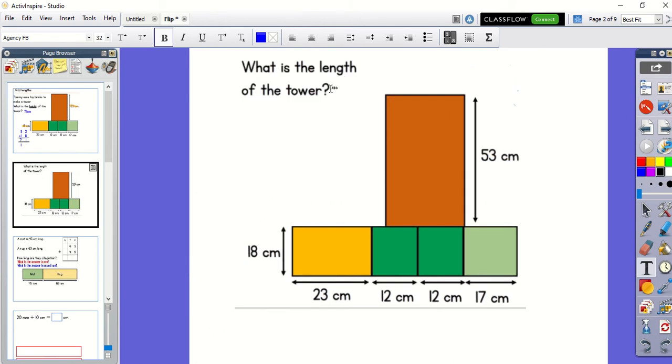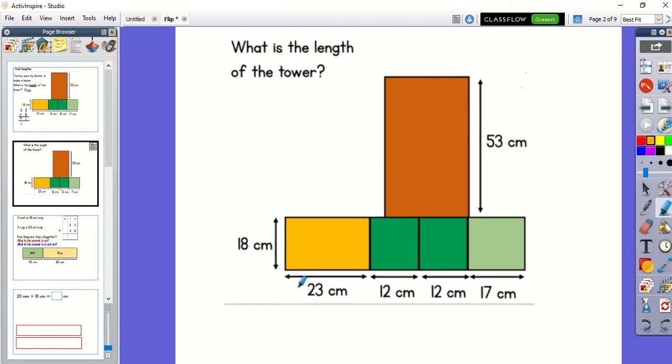Now this time, it's asking me to find the length of the tower. So now, I need to focus on these 4 numbers. I don't have to worry about the length of this one here, because as you can see, it's taken up by these 2. Okay? So I just need to figure out the entire length. So, I've got 23, add 12, add 12, add 17.